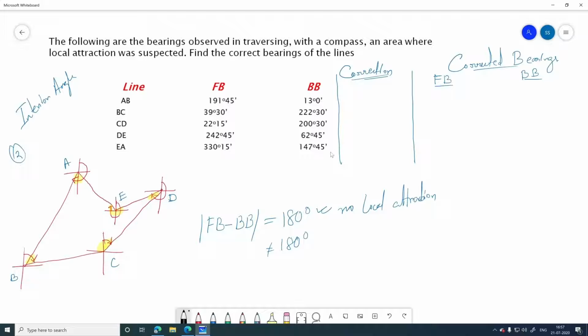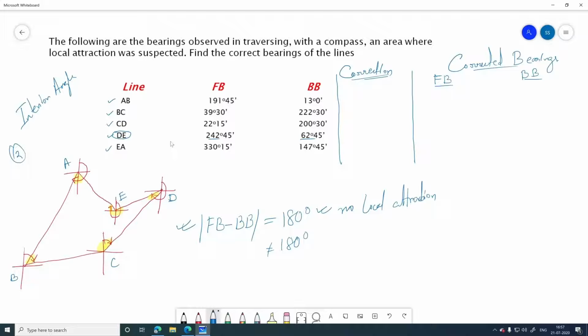Now as you can see these lines, that means DE, EA, CD, BC and AB, if you take the difference of forebearing and back bearing, you can see only at this DE line, the points D and E are free from local attraction, because the difference of these two values is exactly equal to 180 degree. But in the case of the others it will not be satisfied, that means there is some effect of local attraction.